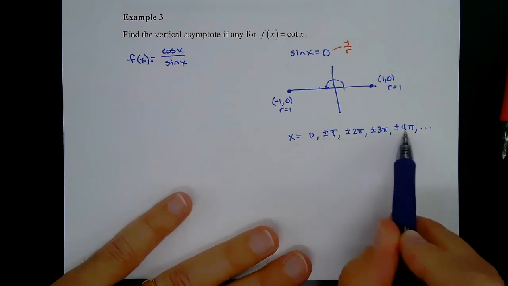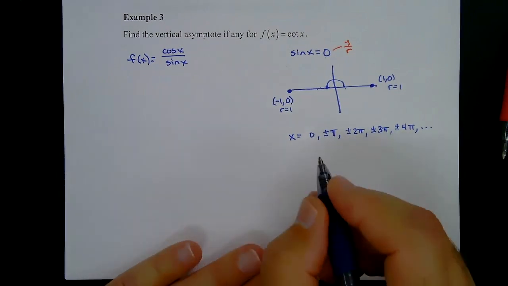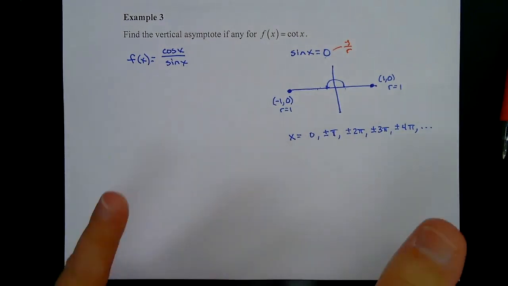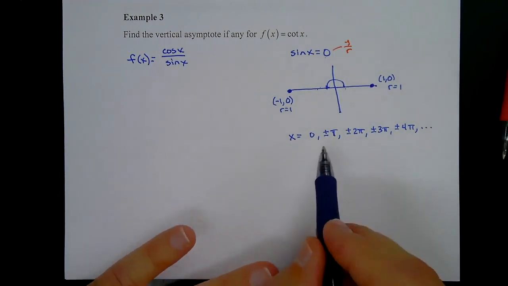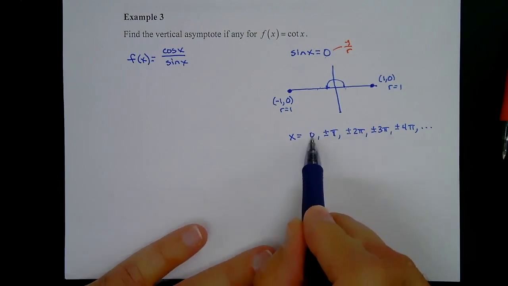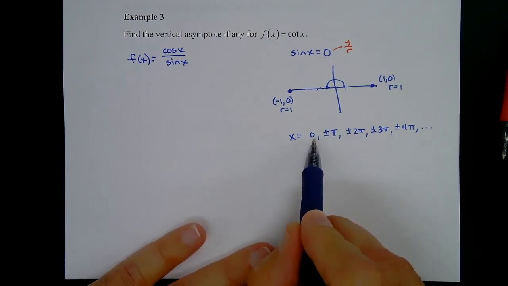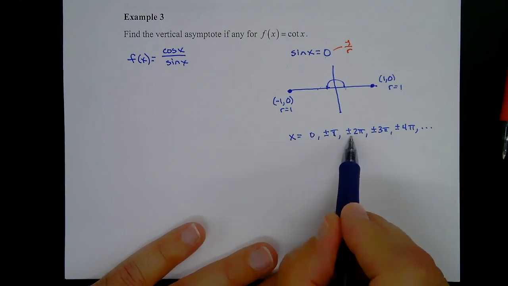So we've got to figure out a way. How could we write this without writing them all? Because you can't write them all, okay? And we went over this last year at the end, when we were distance learning, okay? But you'll notice these are all multiples of pi, right? Even this one is 0 pi. We just don't write it because 0 pi is 0, okay? So all of these are plus or minus 0, plus or minus 1, plus or minus 2, plus or minus 3.